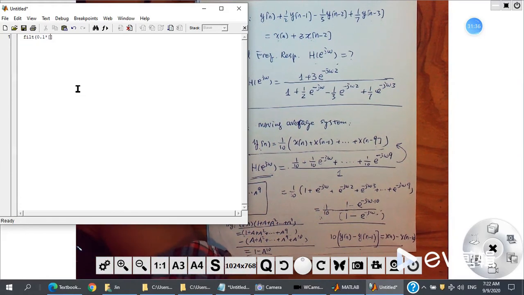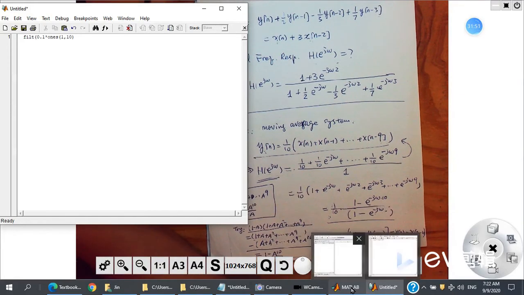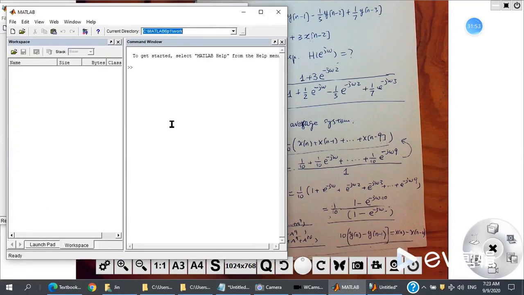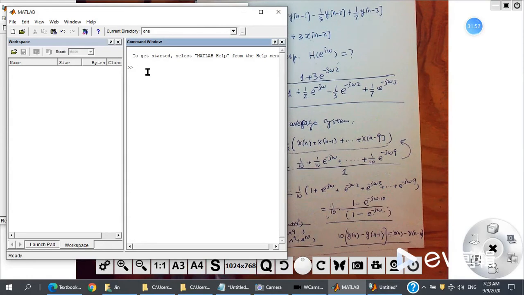I times ones. This is a function in MATLAB. Ten 1s. So ones gives us a matrix. We can have a look here. You can try ones.